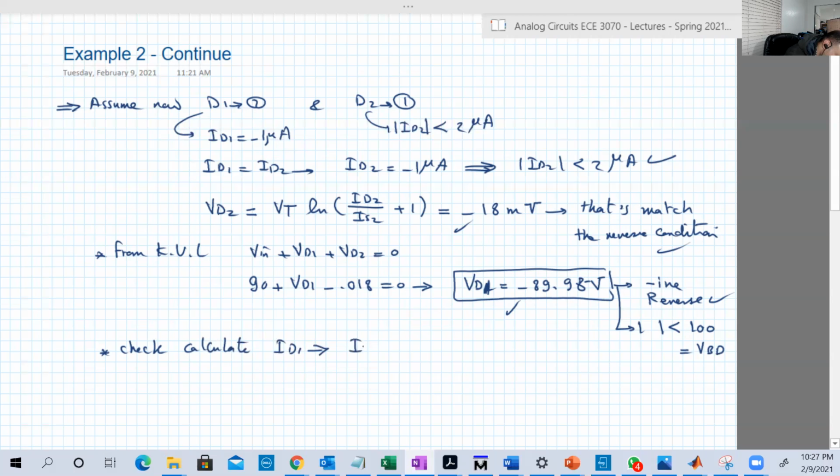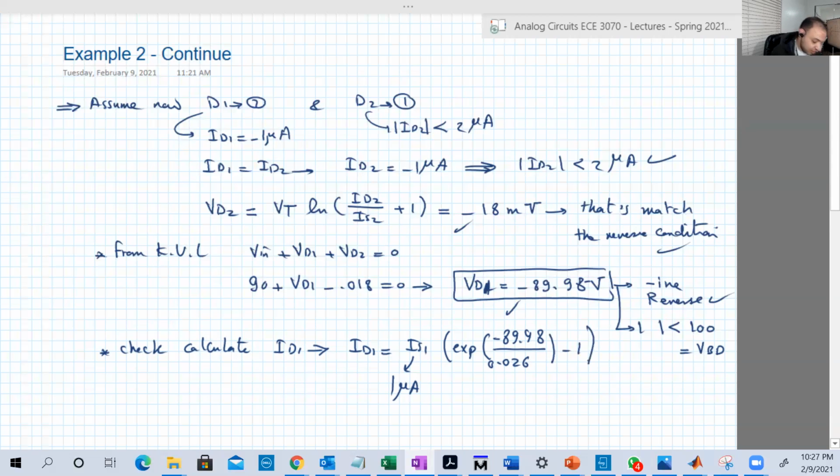We put ID1 equal to IS1, which is 1 microampere, times exponential of minus 89.98 divided by 0.026, minus 1.